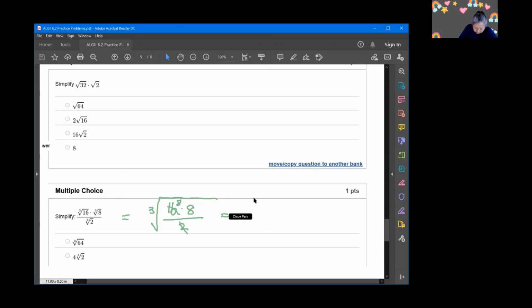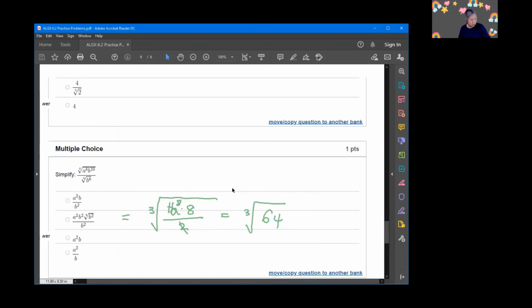And then this is cube root of 8 times 8, 64. Then what number cubed is 64? It's 4, right? 4 cubed is 64. Then it's cube root, so the answer is here.